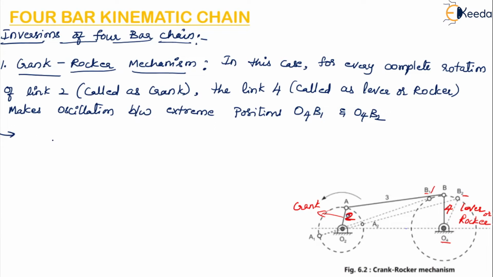Then the position O4 B1 is obtained when the point A is at A1. So you can see this position of O4 B1. This is O4 and this is B1.